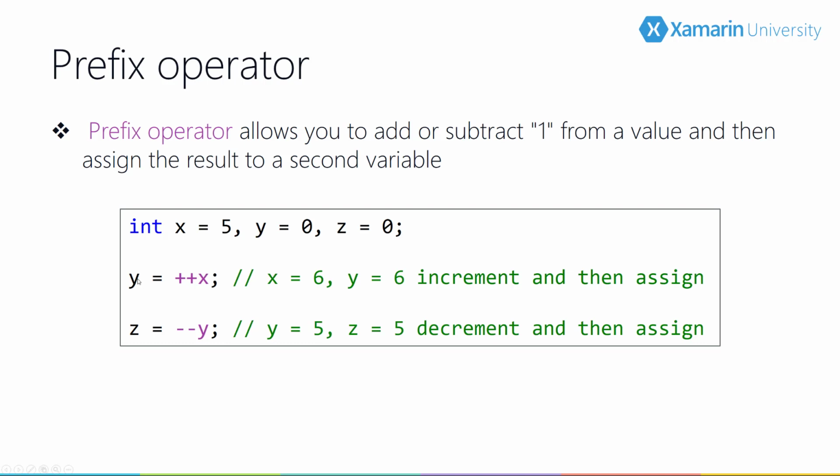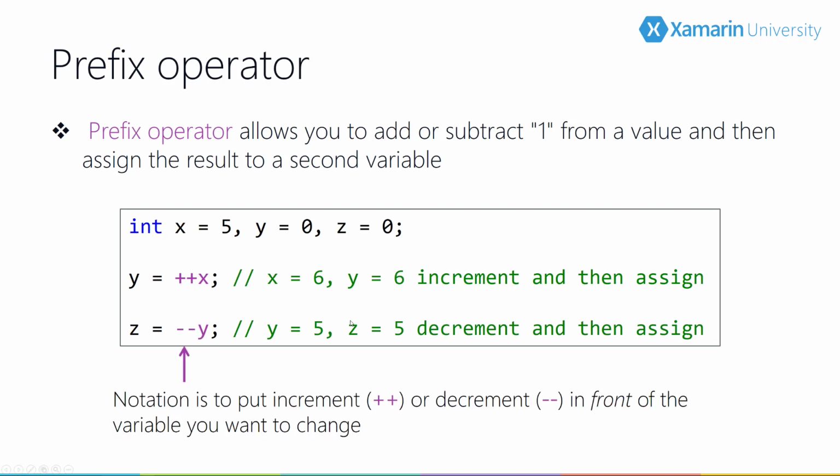So in this case, y is equal to plus plus x. y is equal to 6, and also x goes up by 1. So with the prefix operator, it first increments, then assigns. So it increments the variable and then assigns it. Same thing with subtraction. Minus minus y would subtract 1 and then assign.